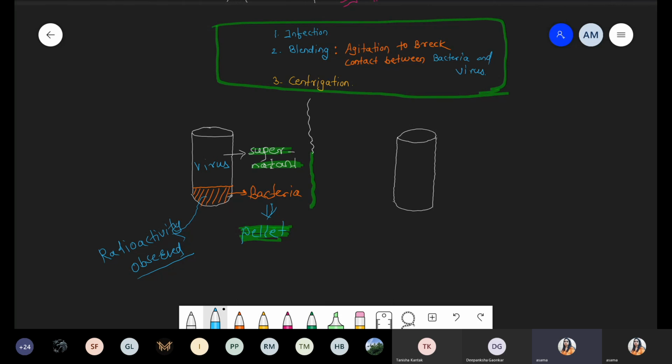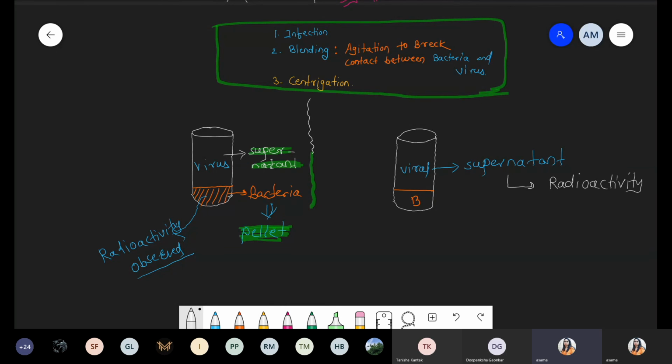And exactly the reverse scenario. Now these are the part of this bacteria, so I'm labelling B, which is the pellet part. And now these are the part of the viral supernatant. Inside this viral supernatant, scientists observed radioactivity.